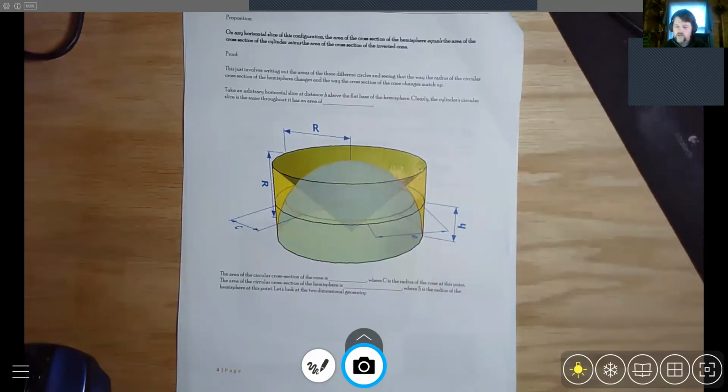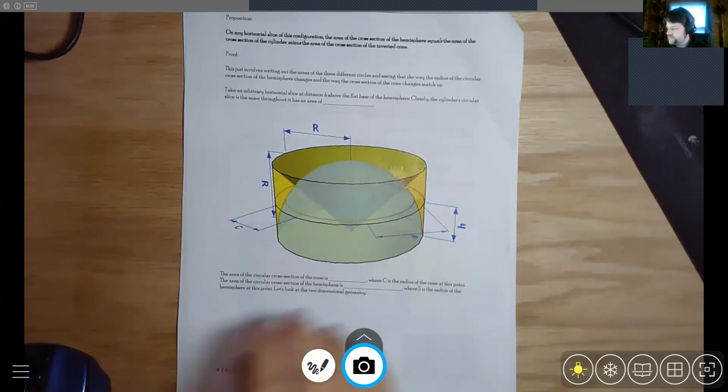So if the base of the ham is circular, you'll cut off a circle with a very small height, or thickness. And that's a cross section.